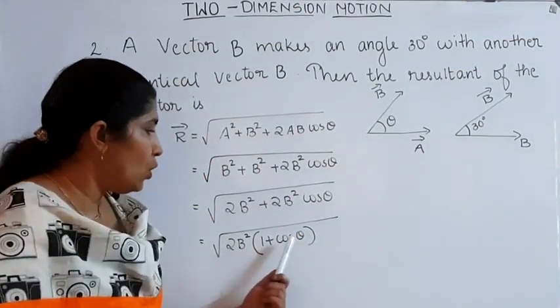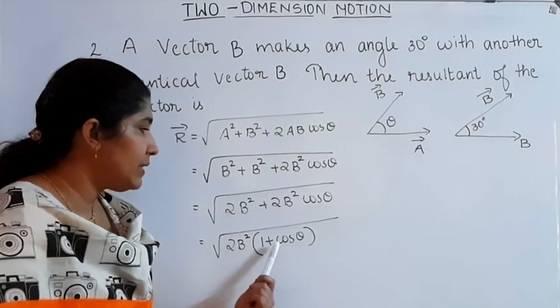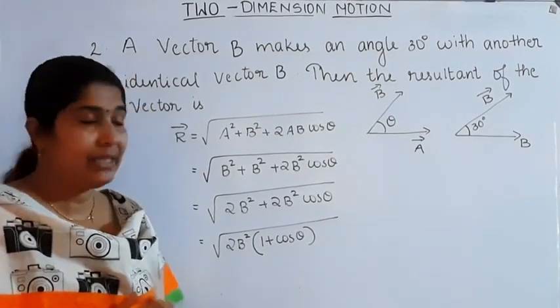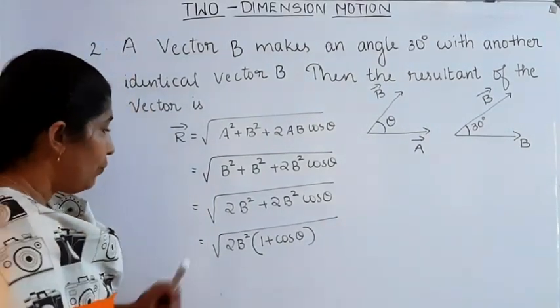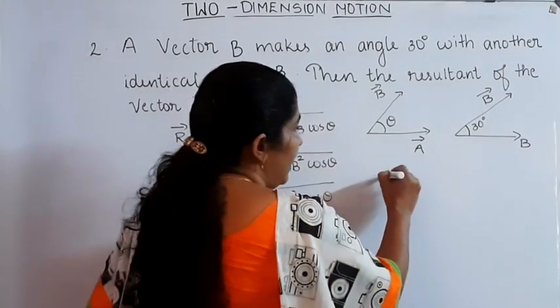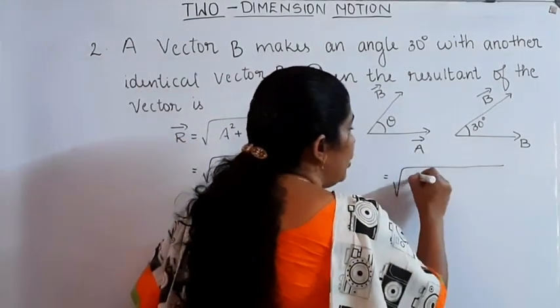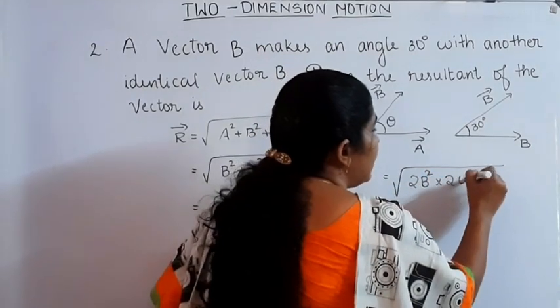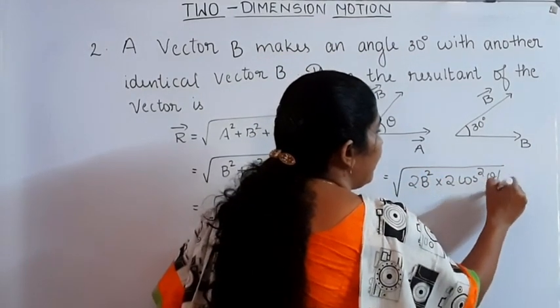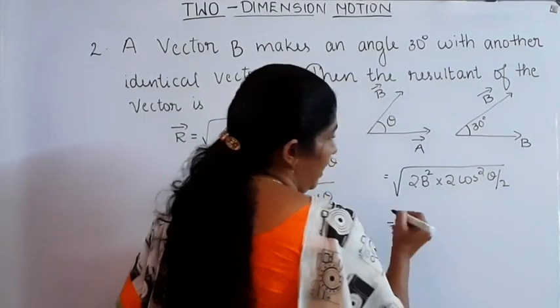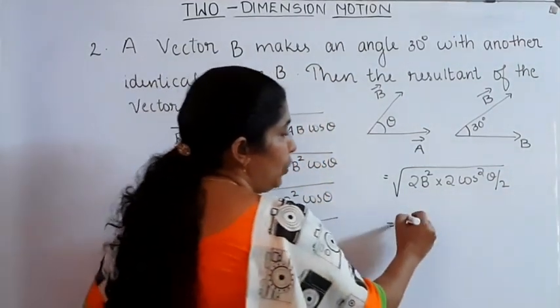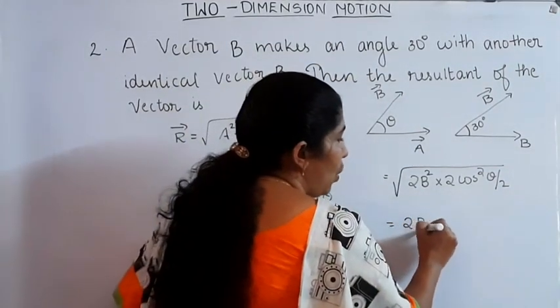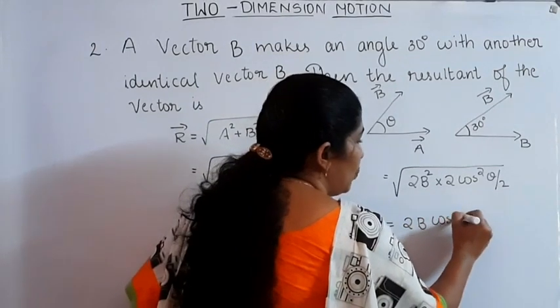Here 1 plus cos theta is equal to 2 cos square theta by 2. So we can write this equation as root of 2B square into 2 cos square theta by 2. That's equal to 2B cos theta by 2.